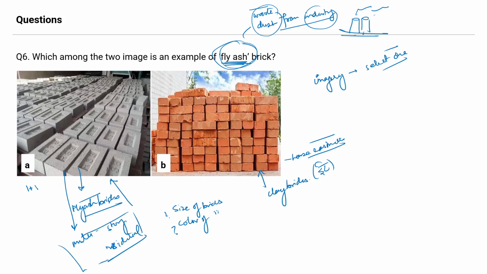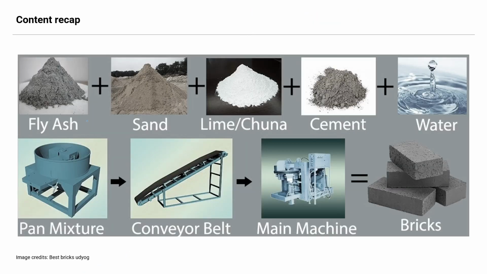So let us see, from a baking perspective, fly ash requires these ingredients which are mixed in certain proportions, and obviously water is required, and then it goes into a pan mixture or a mixture, just like you have a mixer grinder at your rooms.